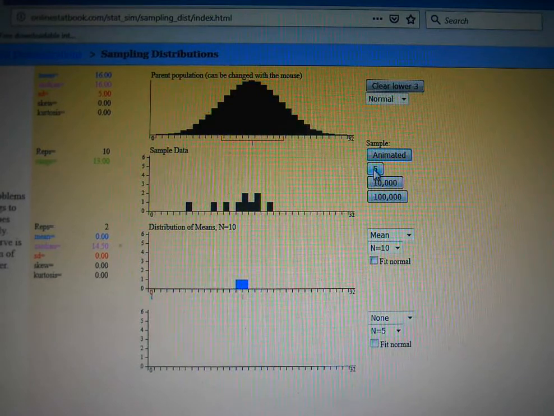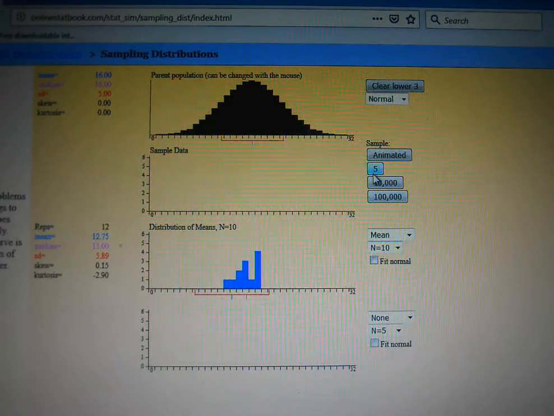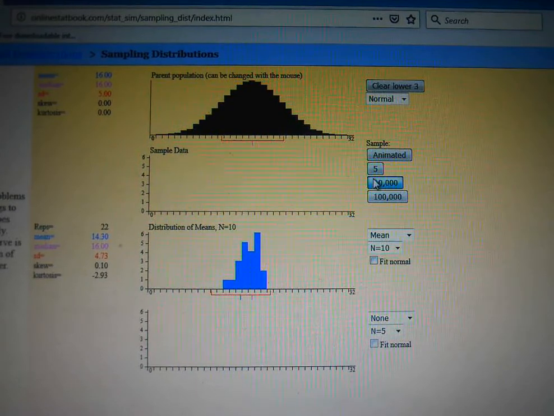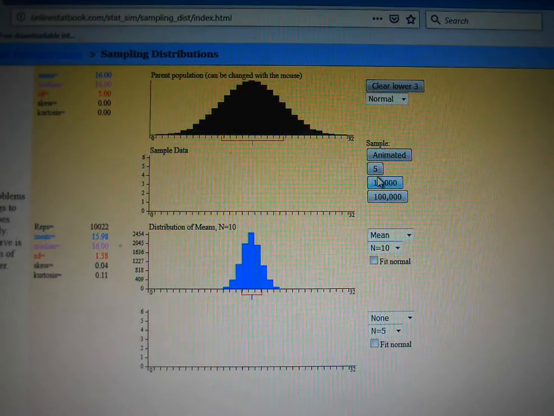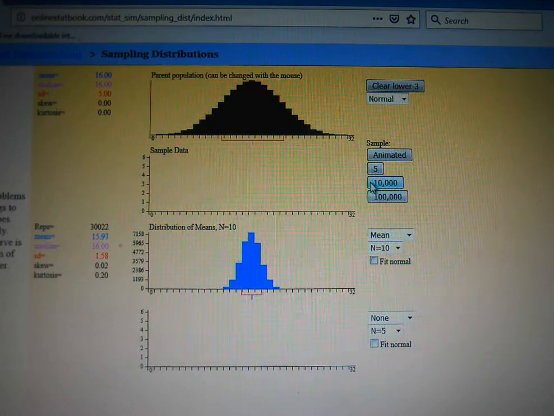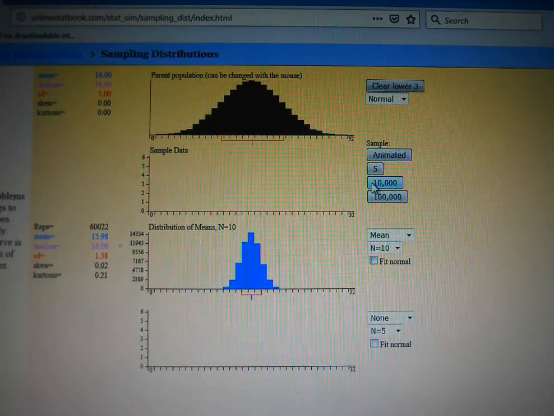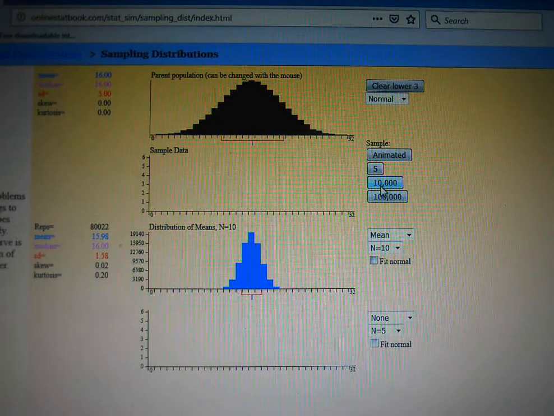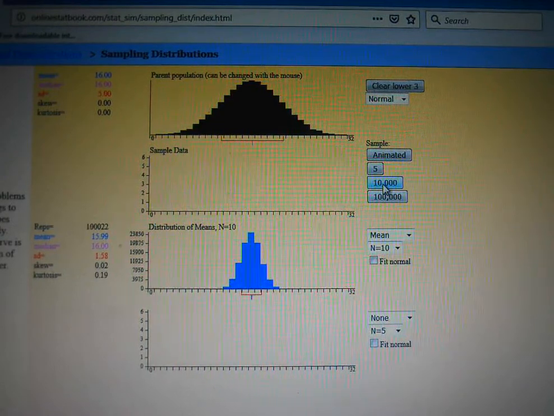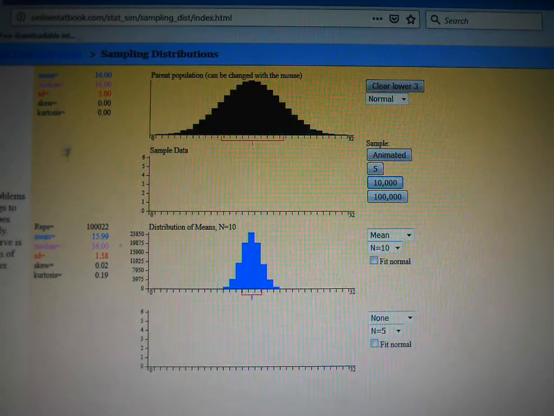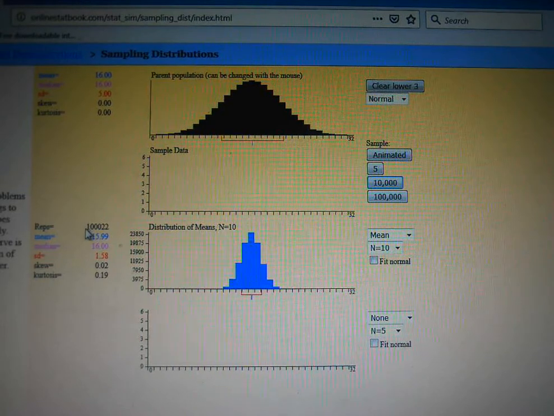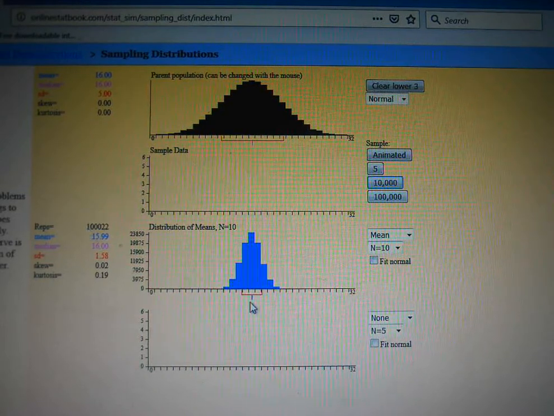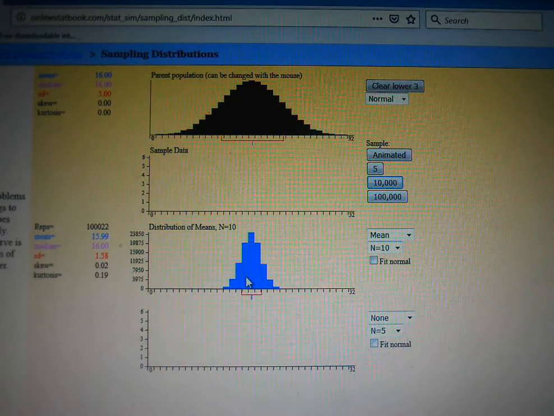So if I do that several times, okay, now it's starting to build up a shape, right? Oops, I just did 10,000. Notice that the shape is not really changing much from now. Okay, I keep hitting 10,000, so now I'm up to about 100,000 samples of size 10, and notice that the shape is now pretty much staying constant.